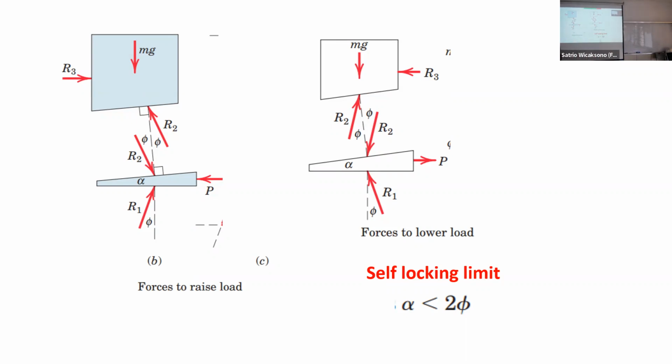Tadi saya sudah sempat tuliskan, tangent V itu sama dengan mu S. Oke. Kenapa kok bisa seperti ini? Tangent V, 2 kali mu. Alpha itu harus lebih kecil daripada 2 kali phi, supaya terjadi self-loathing.